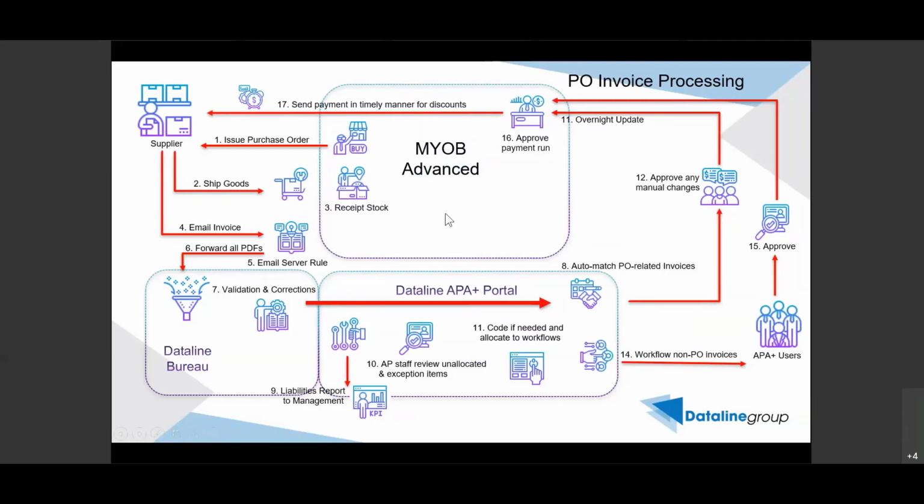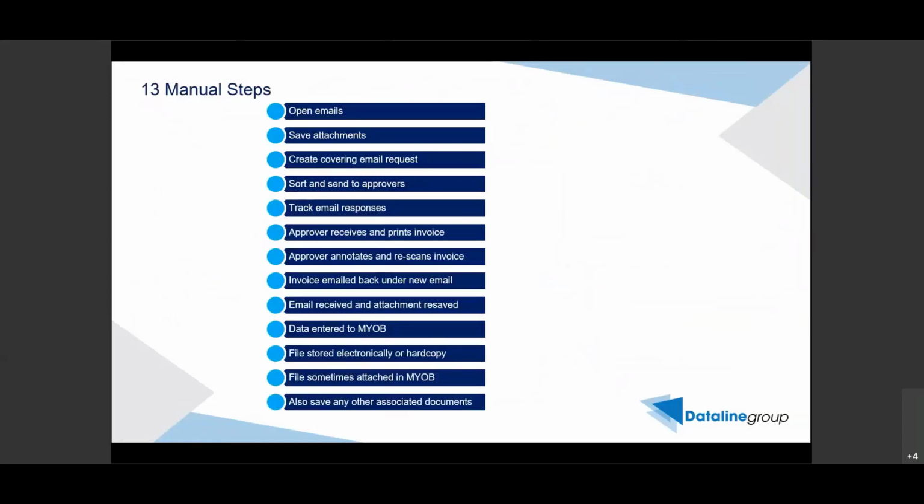So without further ado, let's go through some of the current steps that you would go through. Some of these may resonate with you if you're doing your invoice processing manually. And these are all the costs to the business. You're opening emails, saving attachments, creating covering email requests and forwarding out emails for approvers.